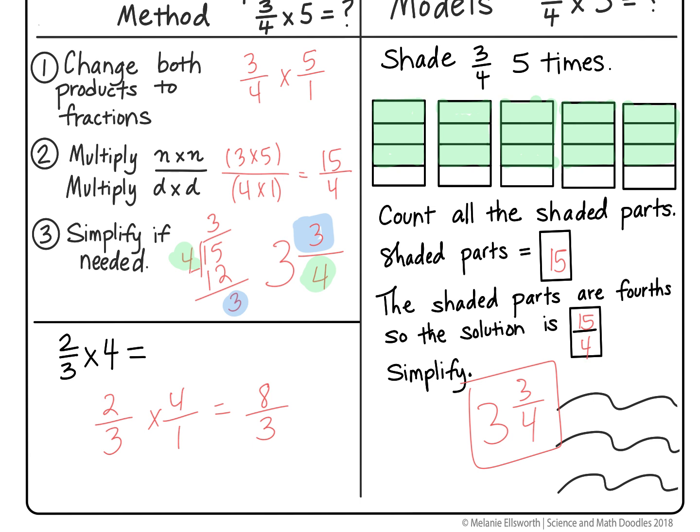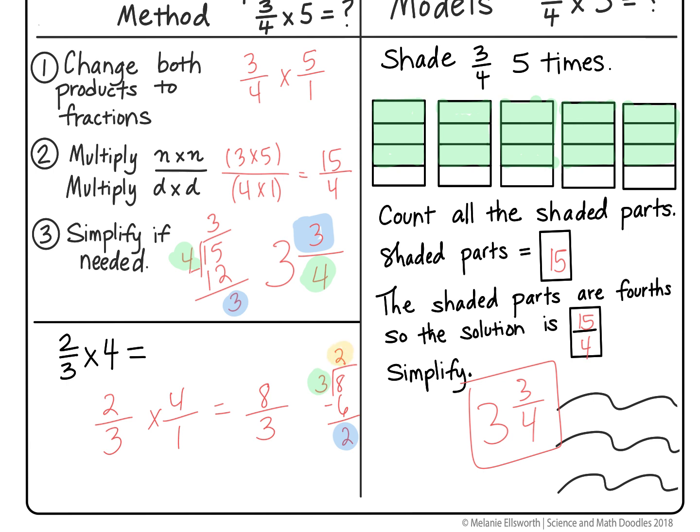So you've got to do one extra step where you change that improper fraction to a mixed number by dividing. 3 goes into, I'm just showing those of you who are still a little confused on changing mixed to improper and improper to mixed. 3 goes into 8 twice. So my numerator will be 2. My denominator will be 3. My whole number is here.